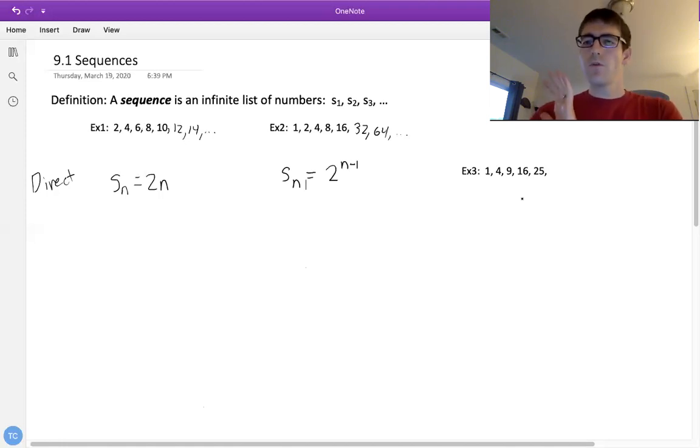Okay, so we've now seen 2 ways of defining a sequence. We could list out the first pieces and imply the rest of them. We could directly write what Sn should be. But there's another way that we could define this. We could use a recursive definition.